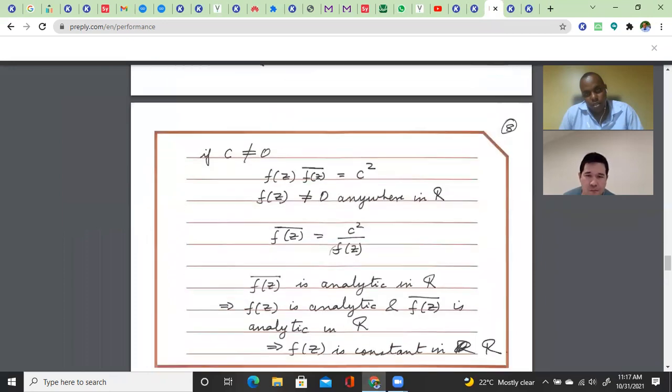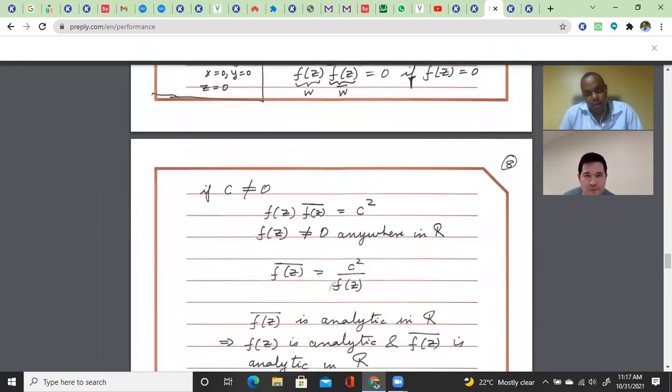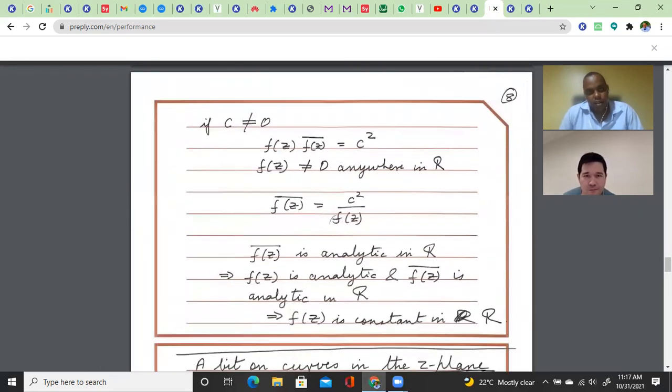So he's trying to do the same thing, but now instead of using 0, he's just using c, a certain constant c. So he starts by saying that, let's say the modulus of this function f of z is going to be a constant that is not equal to 0.